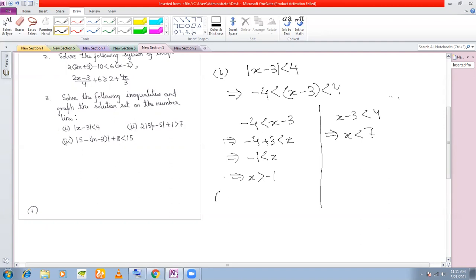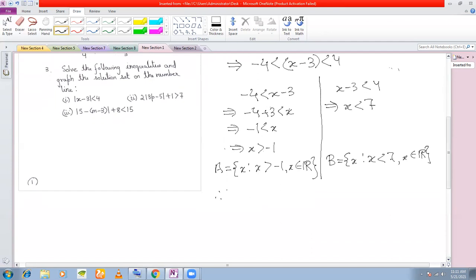So what are the two solution sets you are getting? A is equal to x such that x greater than minus 1, x belongs to R. Because replacement set is not given, we'll consider it to be real numbers. And the other is x such that x less than 7, x belongs to R. So what should be the intersection of these two sets?